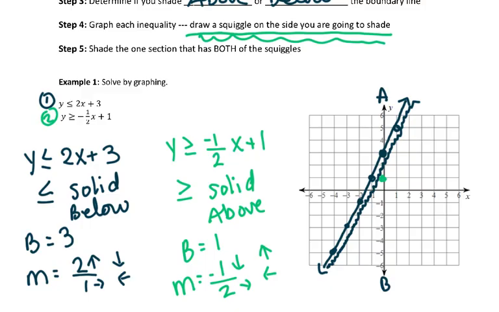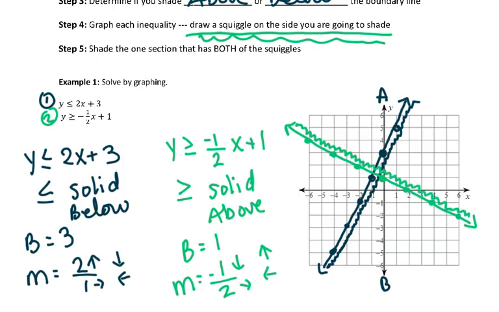So start at 1, go down 1, right 2, down 1, right 2, down 1, right 2, up 1, left 2, up 1, left 2, up 1, left 2. Solid line. And I'm shading above. So I'm going to do a squiggle on the side that is above the line.